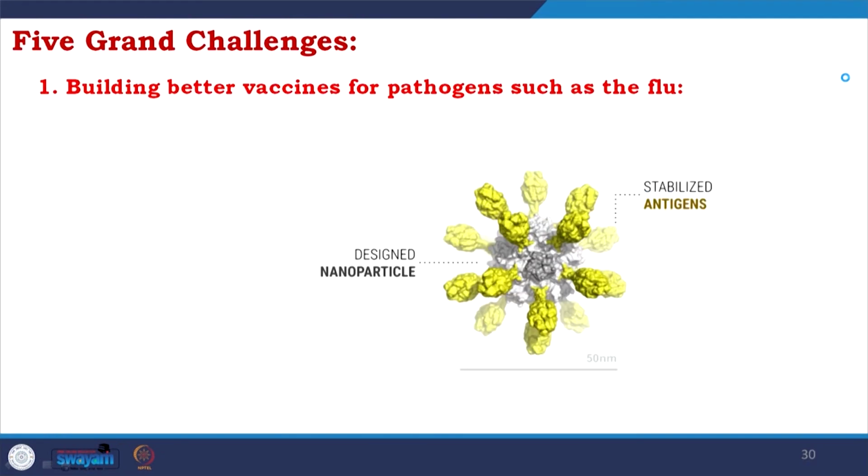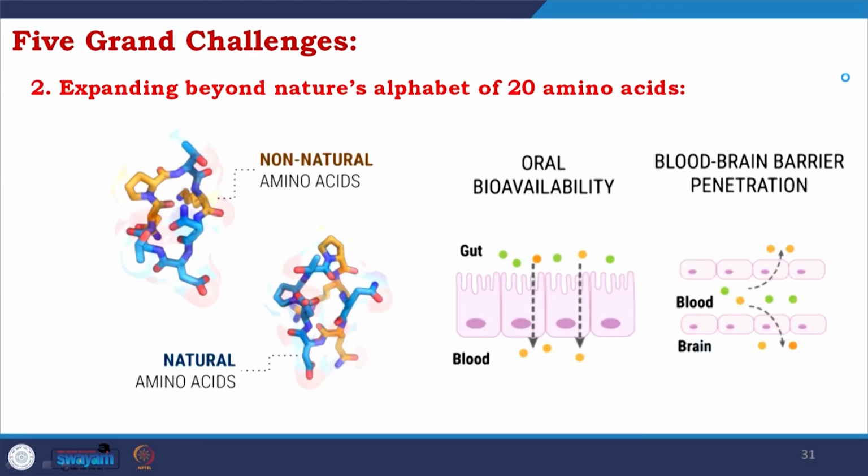So, IPD looks at 5 grand challenges. They are working on building better vaccines for pathogens such as the flu. They combine the protein with nanoparticles and make many designs so that they could develop better vaccines. This is very interesting. They are going to expand beyond nature's alphabet of 20 amino acids.